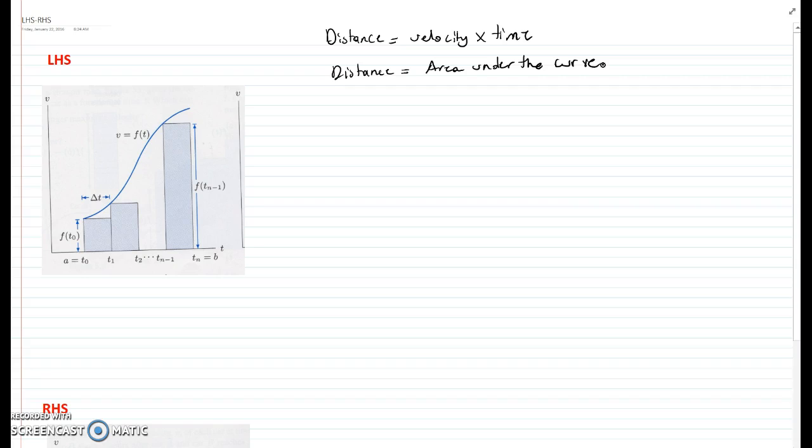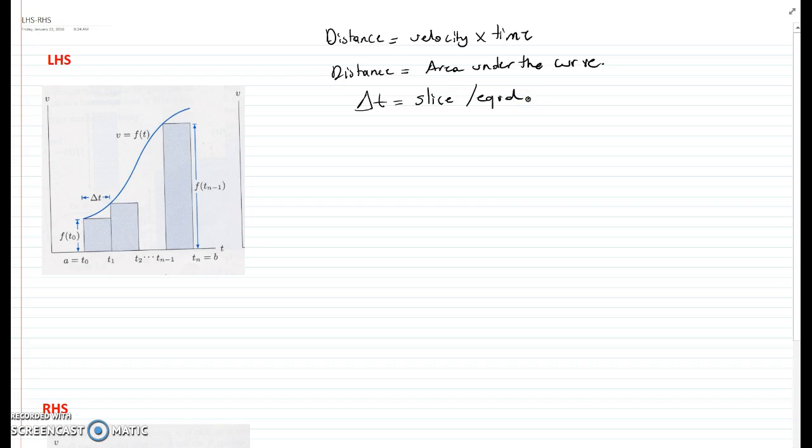Some of us used trapezoids, some of us used rectangles, some of us used rectangles perpendicular to the y-axis, perpendicular to the x-axis. So what we're saying here is that the best method for calculating the area under the curve, or distance traveled, is performing rectangles perpendicular to the x-axis with equal slices, and each slice will be delta t.